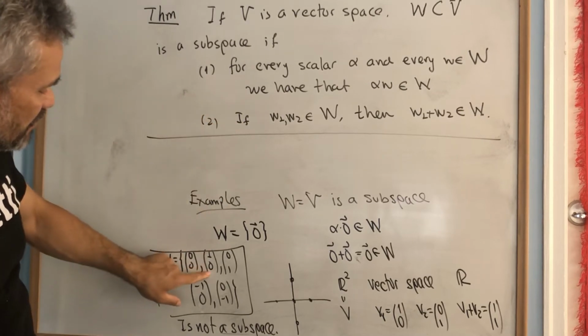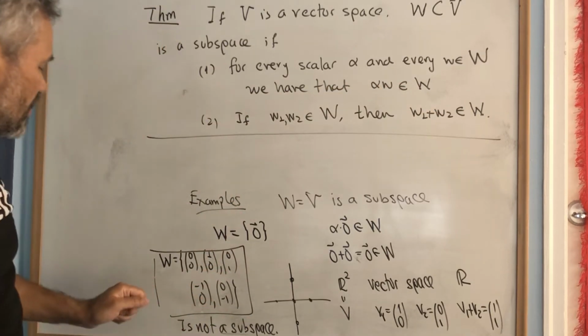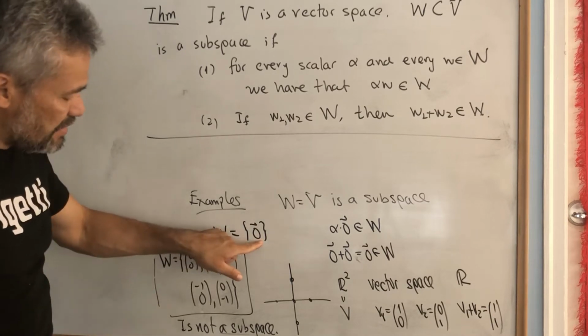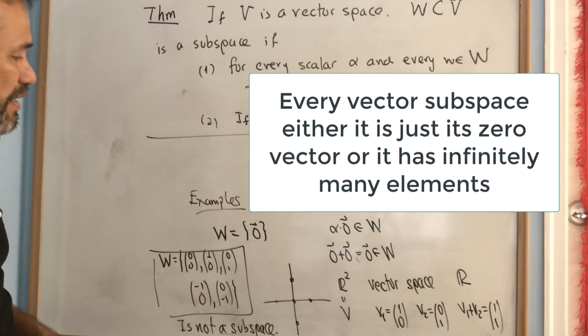I took these vectors, and when I add them, I didn't get a vector in W. Actually, we can show that every subspace either is this one, which has only one element, or it will have infinitely many elements.